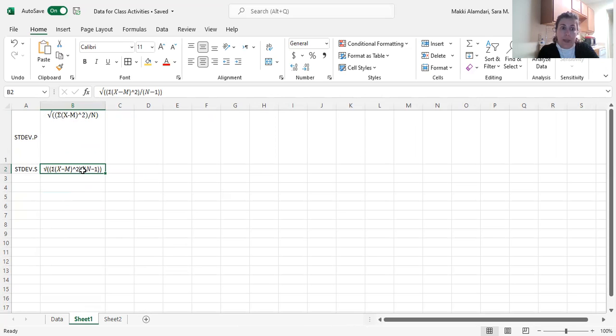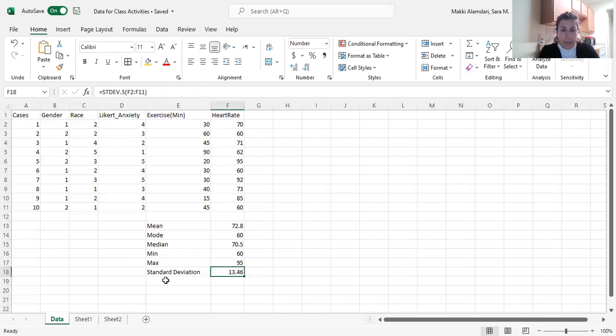This is a better formula to use. But if you are not interested in this formula and you want to divide the sum of squared deviations by n, the total number, then you're going to get a standard deviation for population. This depends on your purpose for the statistical analysis.